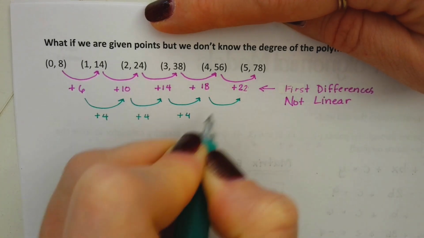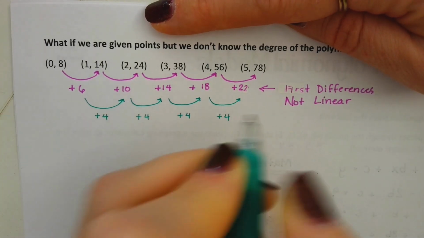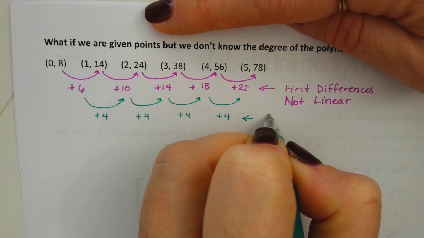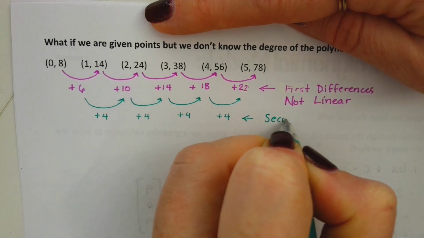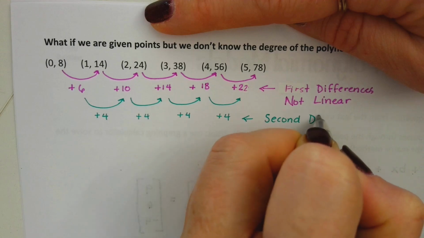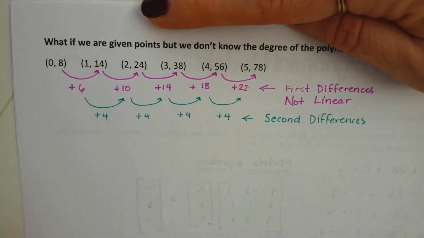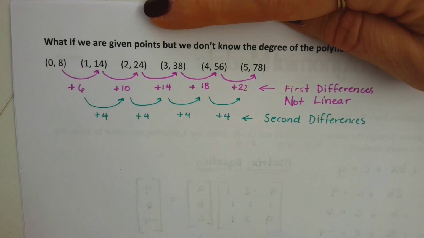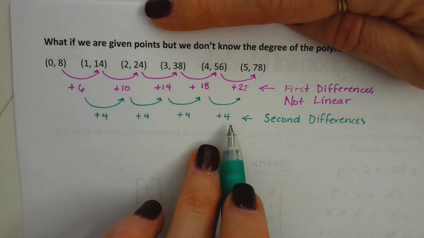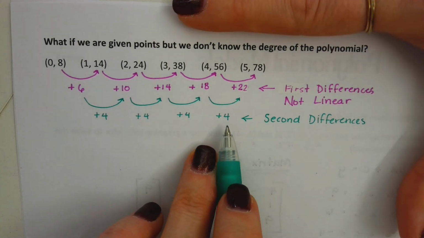And 18 went to 22, which was a plus 4. These numbers are called the second differences. If your second differences match, that tells you it's quadratic, right? And my second differences match, so this is quadratic.